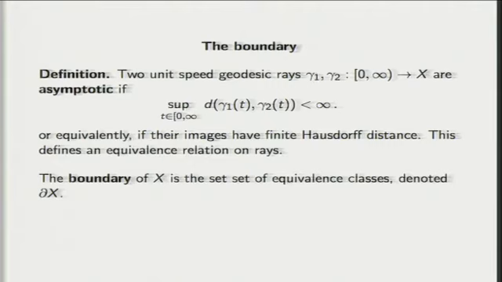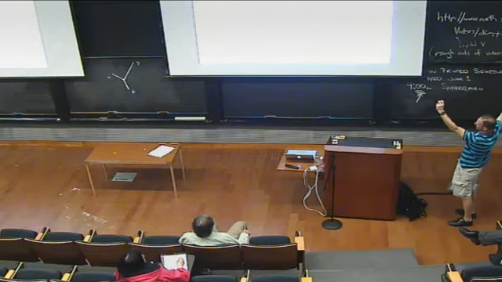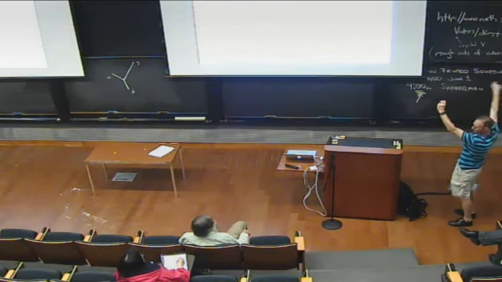Okay. Now, we'd like to promote that. Right now, it's just a set. We'd like to promote that to a slightly better structure. To do that, let me make a remark: if you look at a fixed base point star, and you take an arbitrary ray starting somewhere else, it's easy to see there will be a ray leaving the base point which is asymptotic to your given ray.